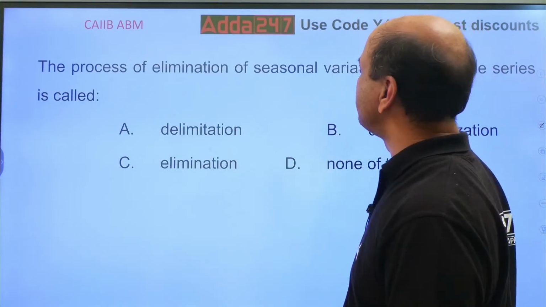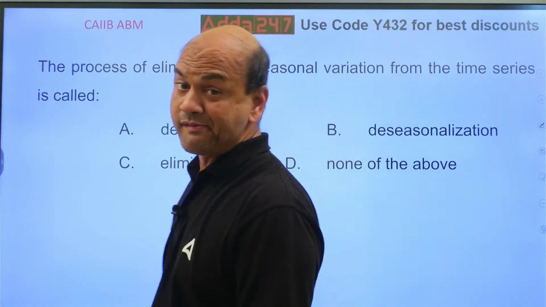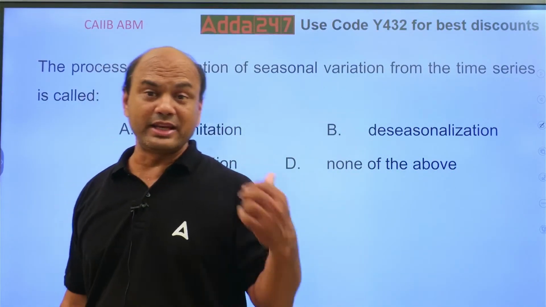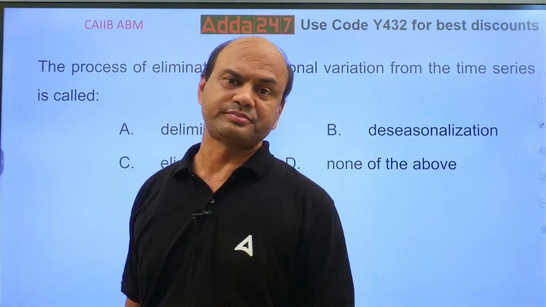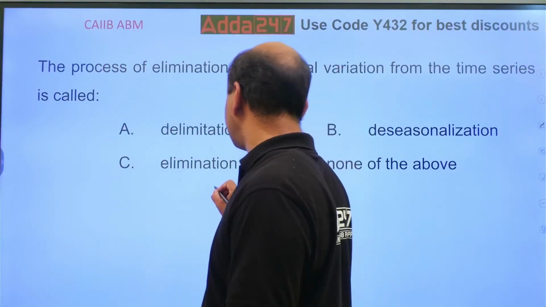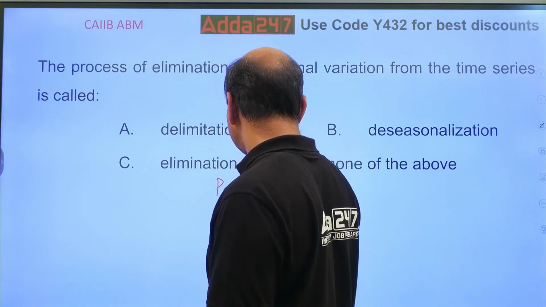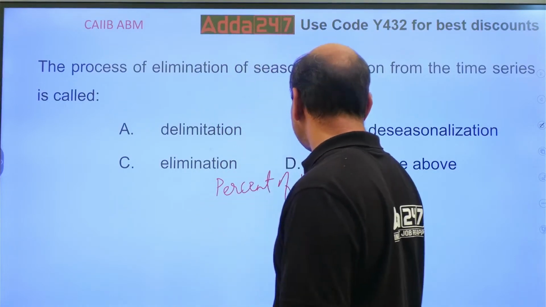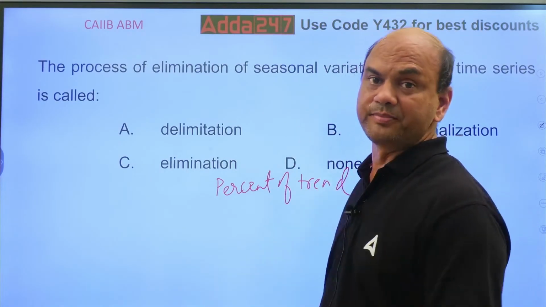The process of elimination of seasonal variations from a time series is called as. You have this question many times. There are 3 methods to do this. One is percent of trend. This is one method.